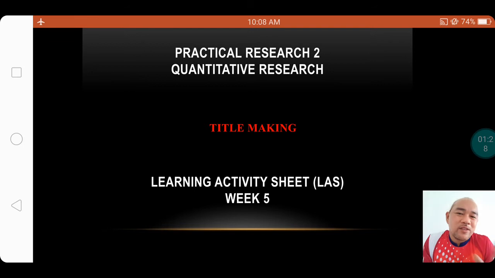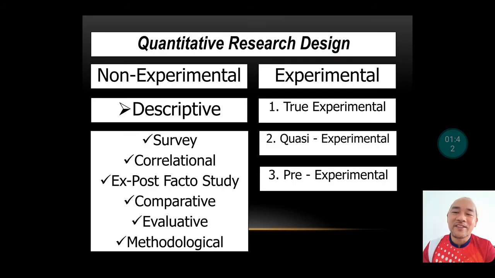So this time, I guess we're good to go. Now, in title making, so that it could be easier for us to make the title, we always look for the RD. And just a recall, once you are making your RD to make it a title, you always consider the quantitative research design, the two types of quantitative research design, the non-experimental and the experimental.